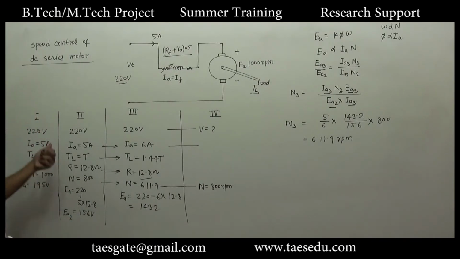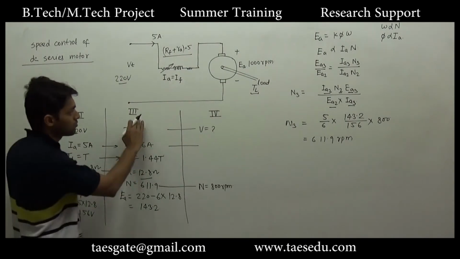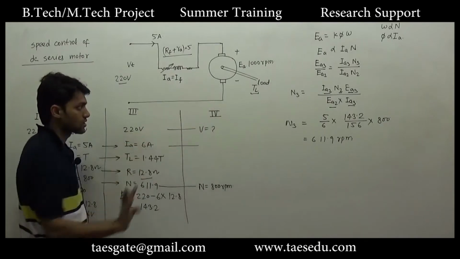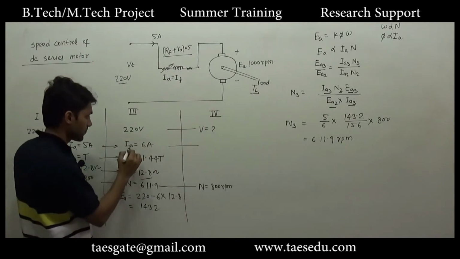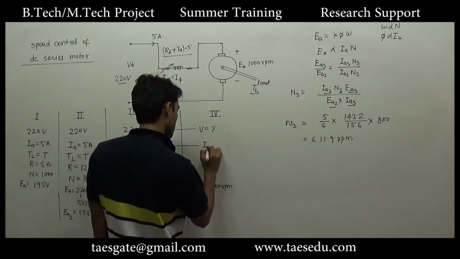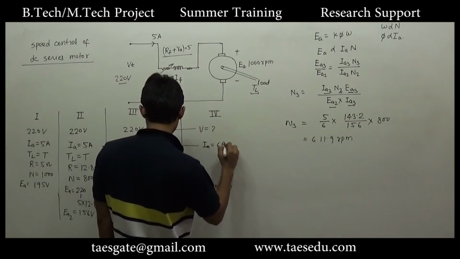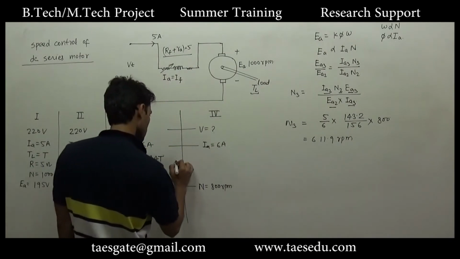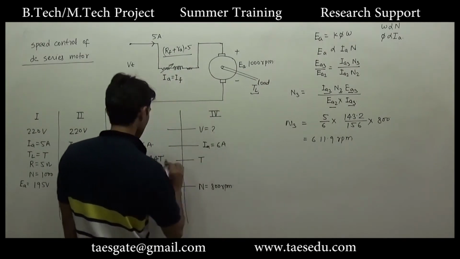So from first to second case, what we observed is that if load torque is constant, the armature current will be same. So from third to fourth case, load torque has not been changed, so the armature current will be same. So here we will have armature current equal to 6 ampere. Load torque is same as third case.